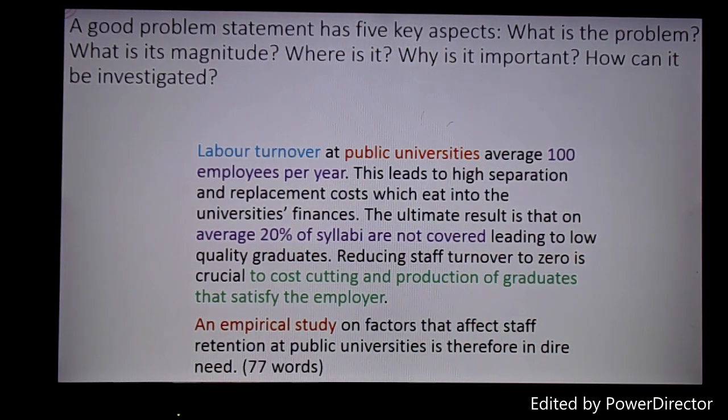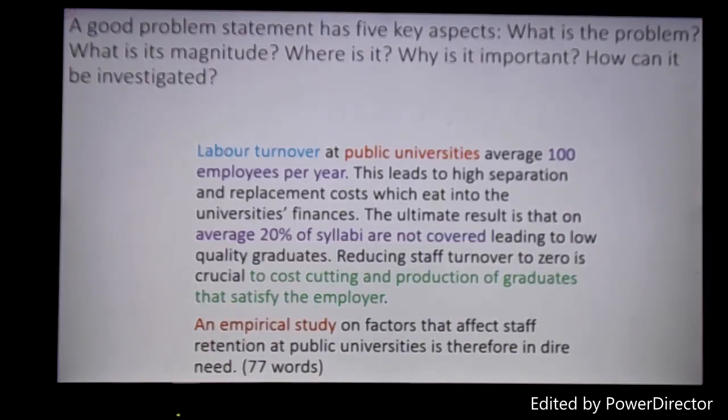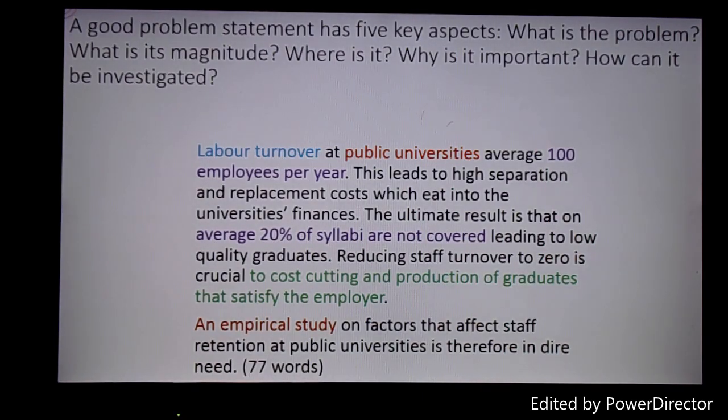The ultimate result is that on average, 20% of syllabi are not covered, leading to low quality graduates. Reducing staff turnover to 0 is crucial to cost cutting and the production of graduates that satisfy the employer. An empirical study on factors that affect staff retention at public universities is therefore in dire need.